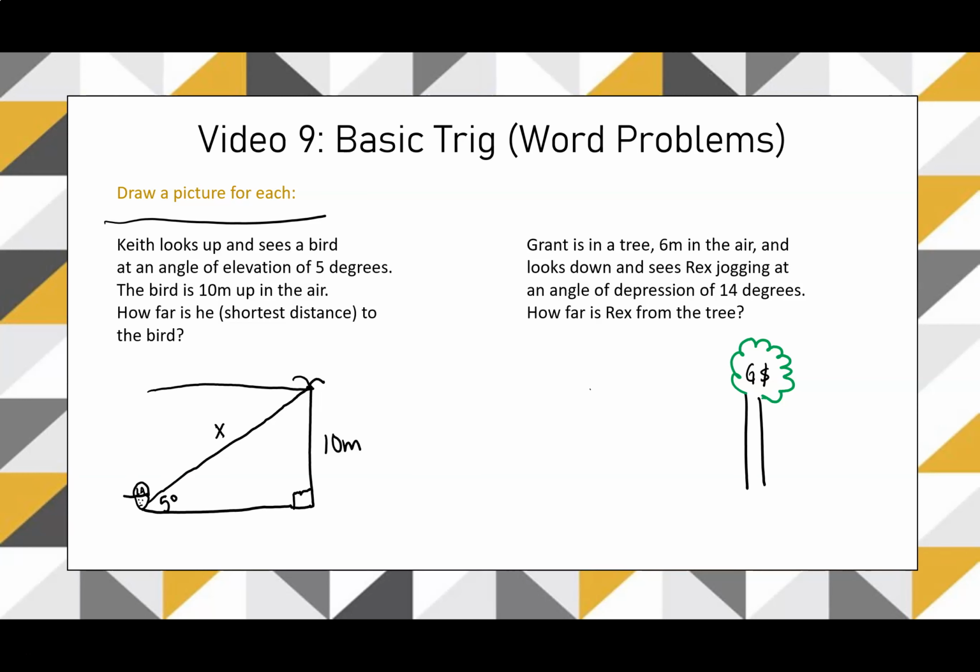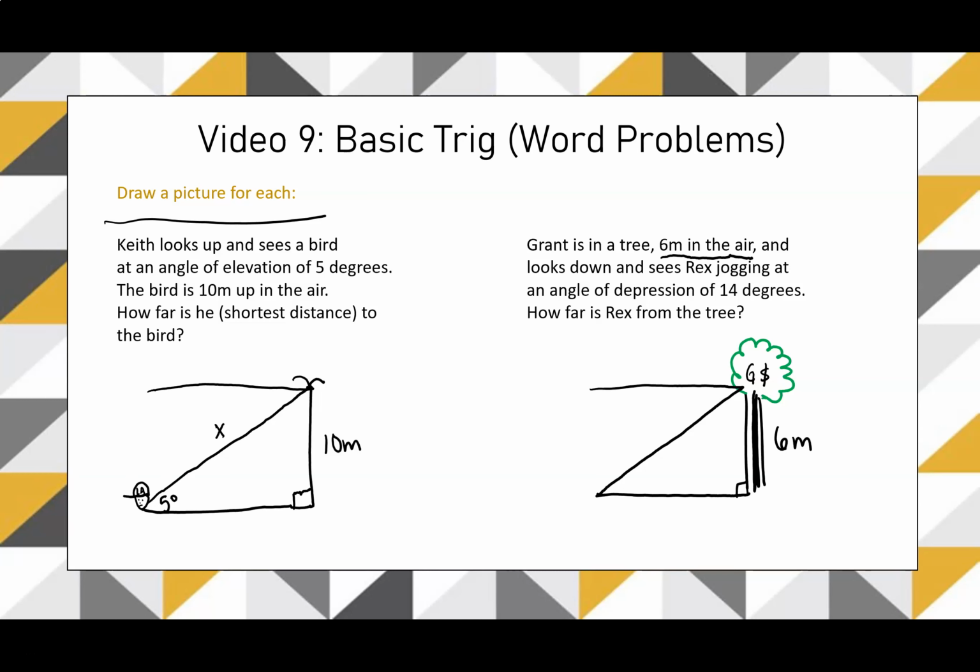I'm gonna draw my Z from G Money. Okay, and we've got a right angle here. So Grant is 6 meters in the air, so I can go ahead and put a 6 meters right here. That's that vertical distance right here. And he looks down and he sees Rex jogging at an angle of depression of 14.